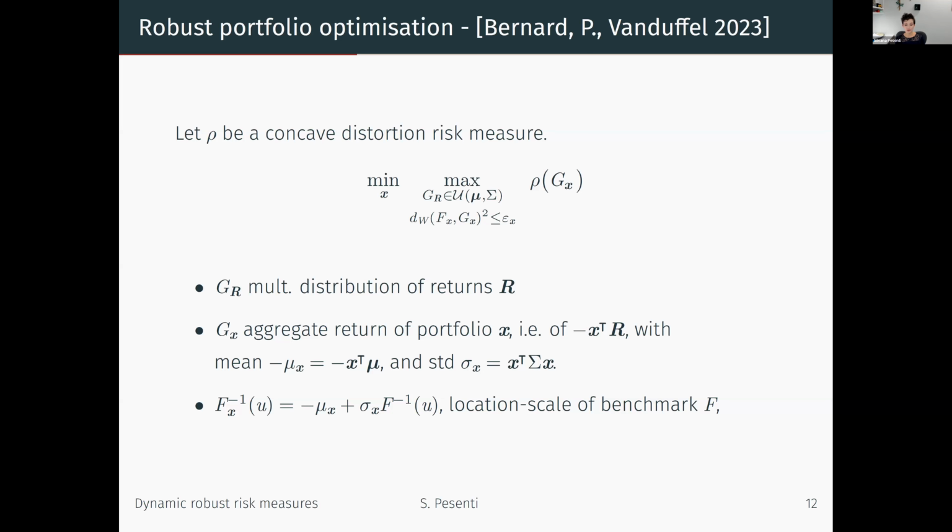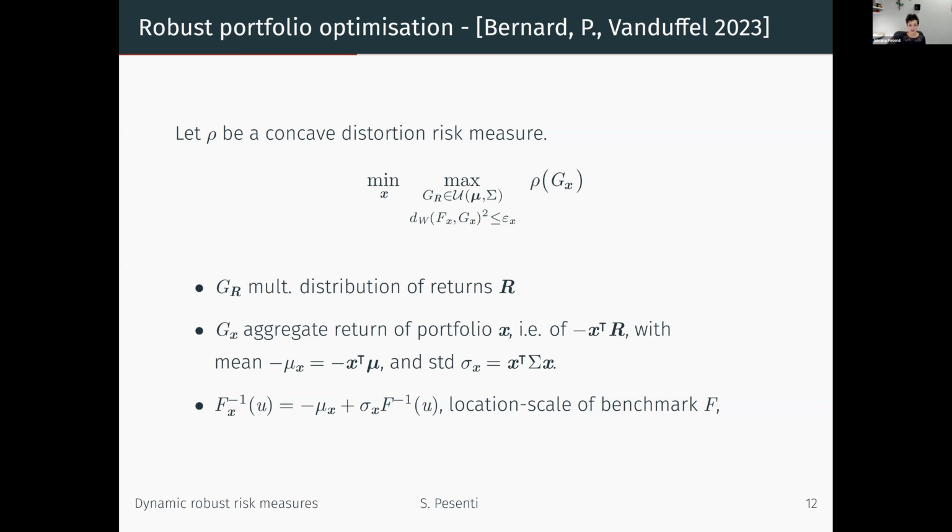Then for every portfolio X, you get an aggregate portfolio return, which I call here G_X. Because we fix the mean and the covariance matrix of the returns, it has a specific mean and a standard deviation that depends on X itself.